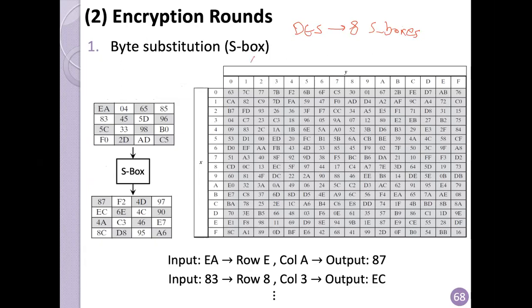It's a 16 by 16 table. The numbers of this table are defined in a way that maximizes the entropy. If you look, adjacent numbers are very different. They have many bits of difference.